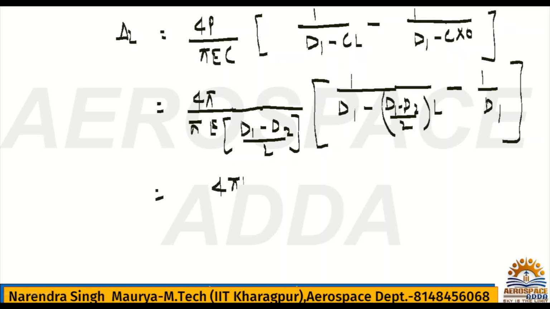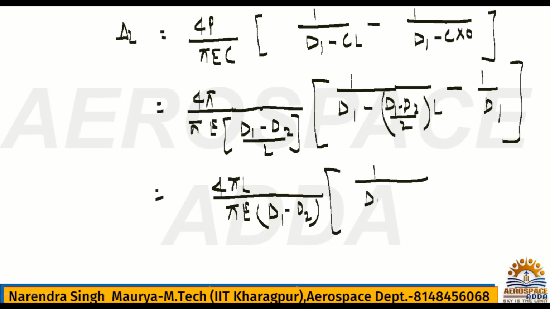So 4PL divided by pi E, here it is d1 minus d2. Okay, in the bracket 1 upon d2, minus 1 upon d1.